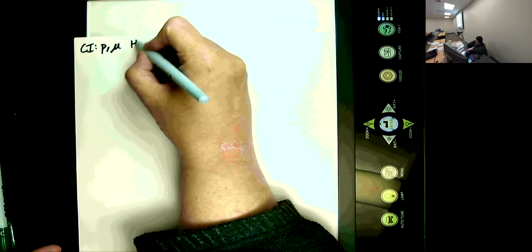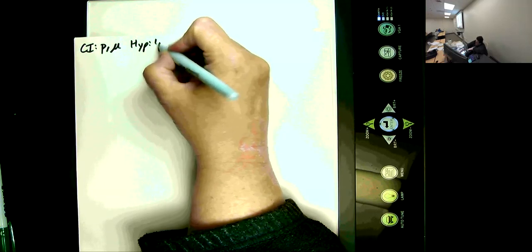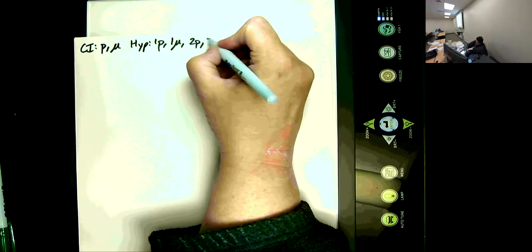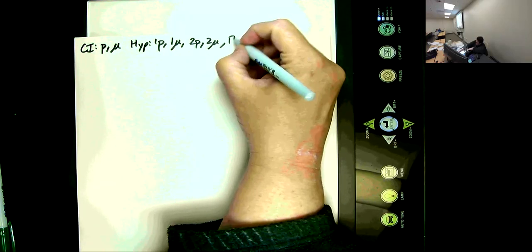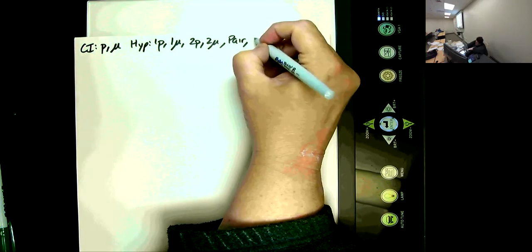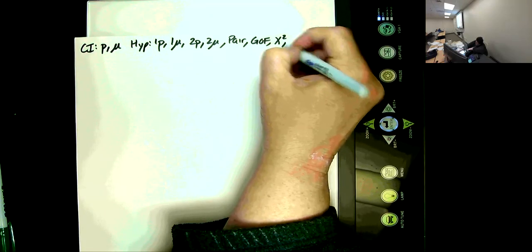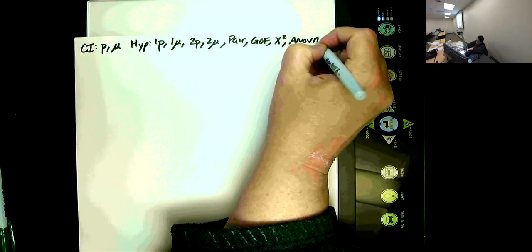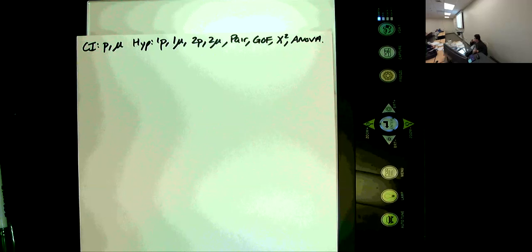And then for hypothesis tests, put 1P, 1 mu, 2P, 2 mu, paired, GOF, chi-square, ANOVA. Write down all the tests so you remember what they are. Go through and label each question.